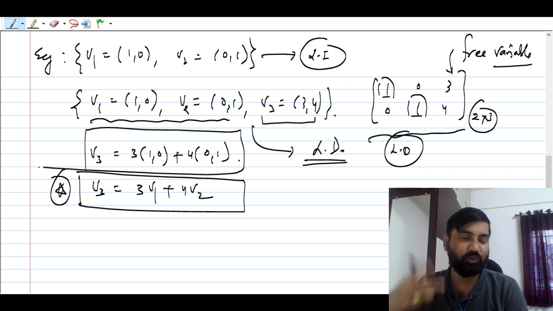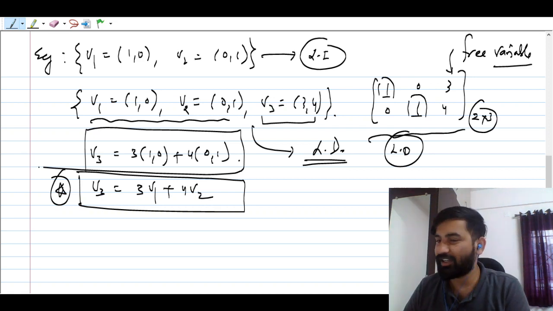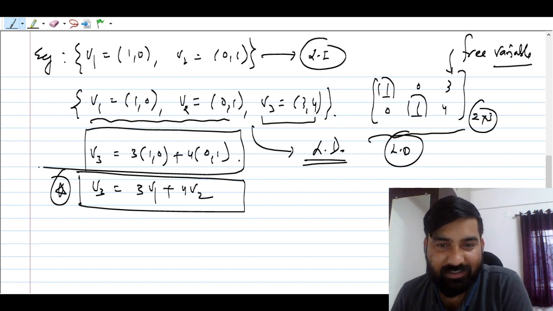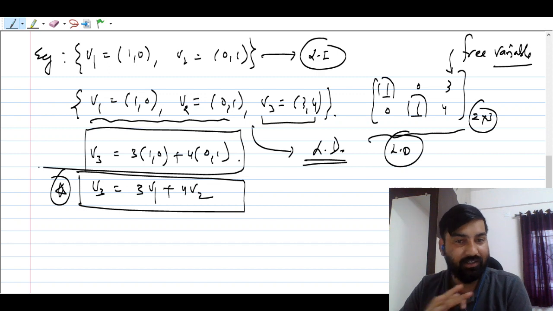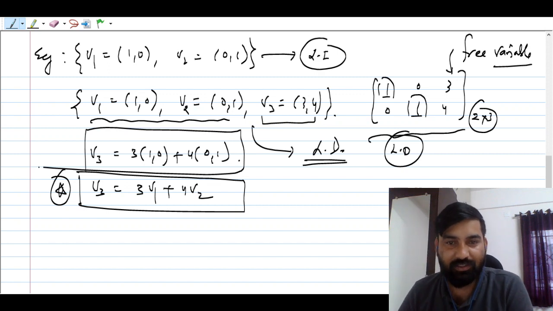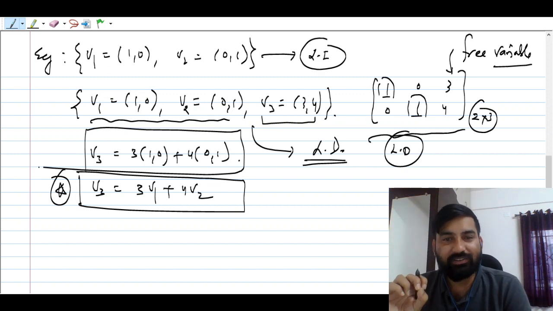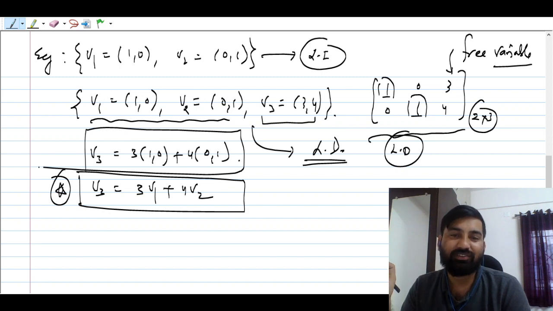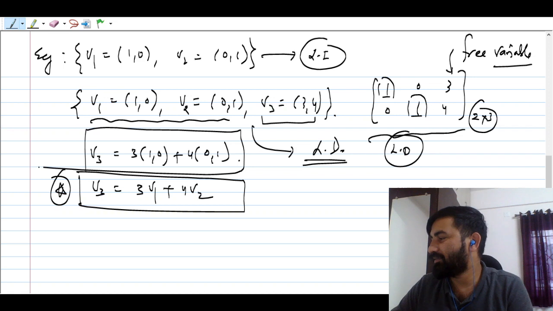R2 plane means 2-dimensional vectors are given. So if you are able to express any vector as a linear combination of other vectors, मतलब they are not linearly independent. If you are not able to express them as a linear combination, that is called linearly independent.